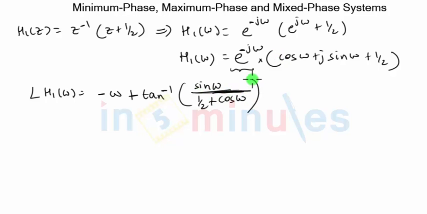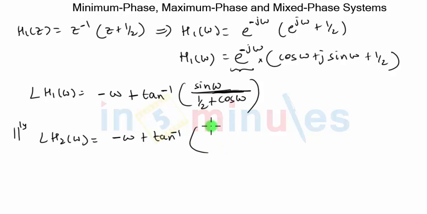I request everyone to go through similar steps and write down the angle of H2(omega). Similarly, the angle of H2(omega) will be minus omega plus tan inverse of sine omega upon 2 plus cos omega. There is a small difference because one zero is inside the unit circle and the other is outside.